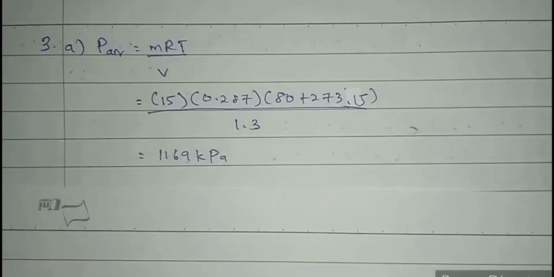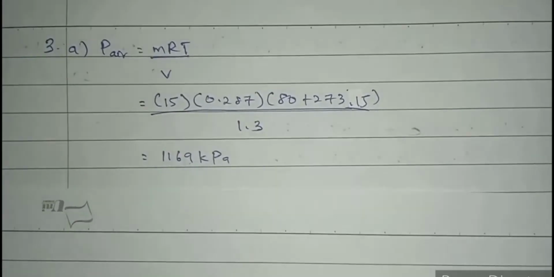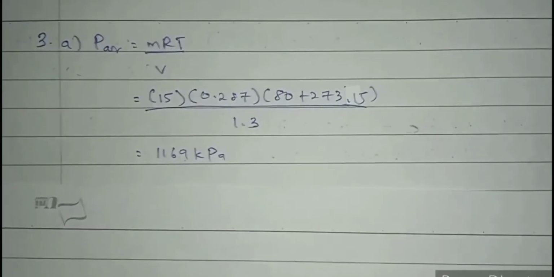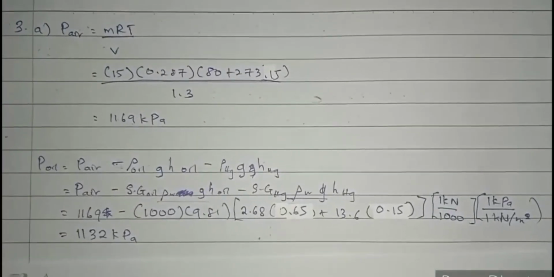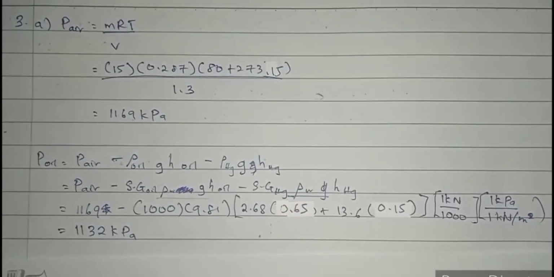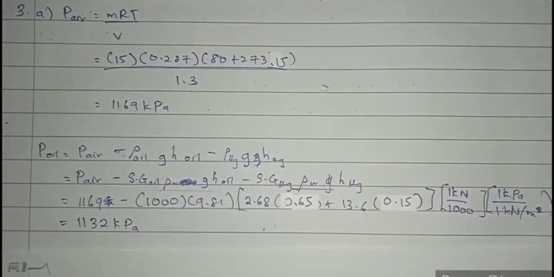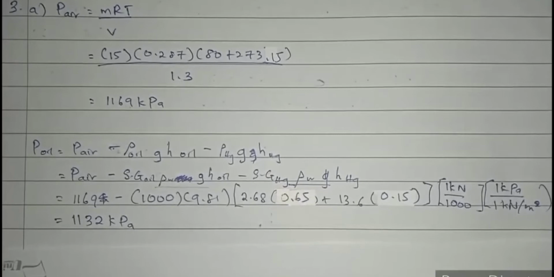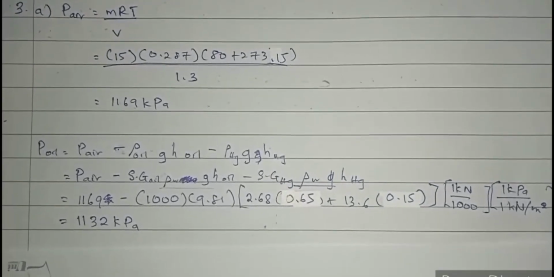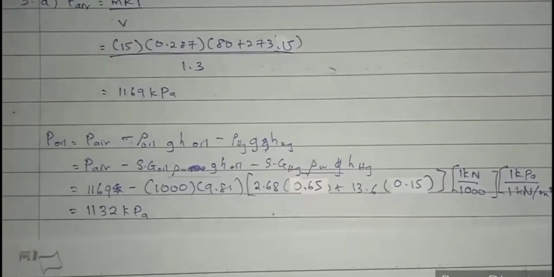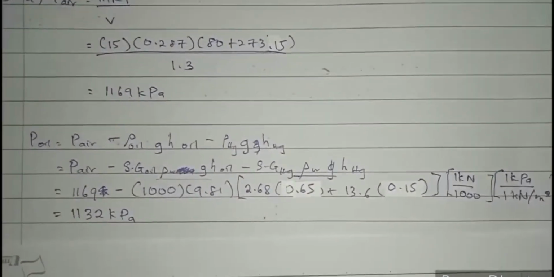Then we just insert the values and we will get P air. After we find P air, we can find the absolute pressure in the pipeline. So we just insert the values and we get the answer.